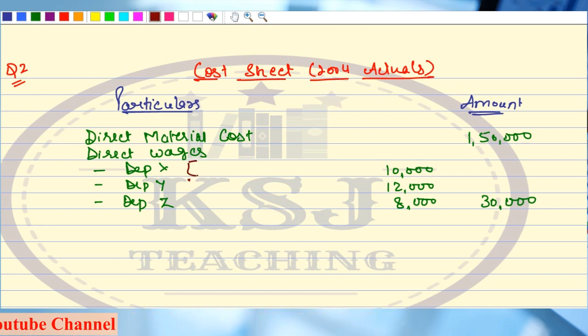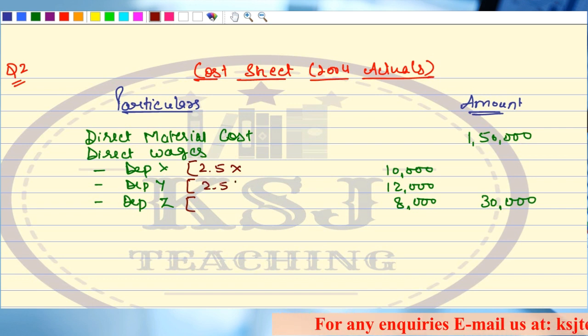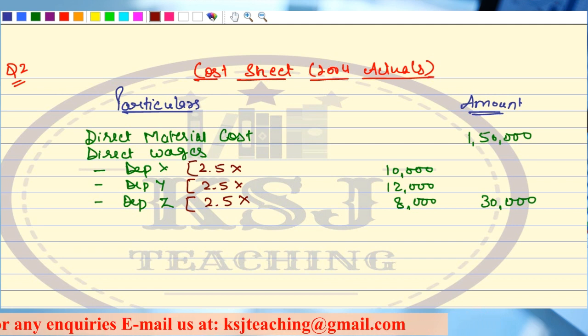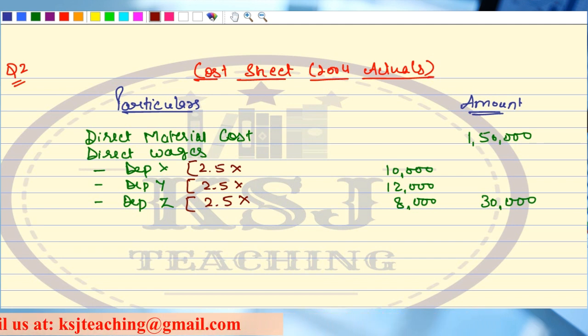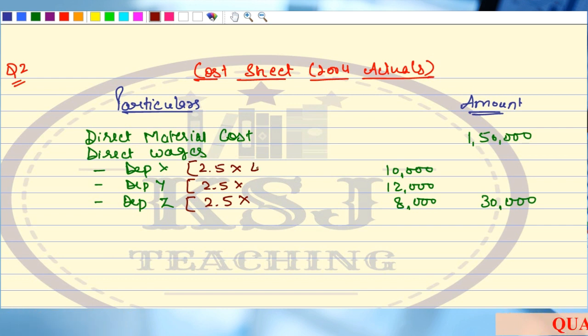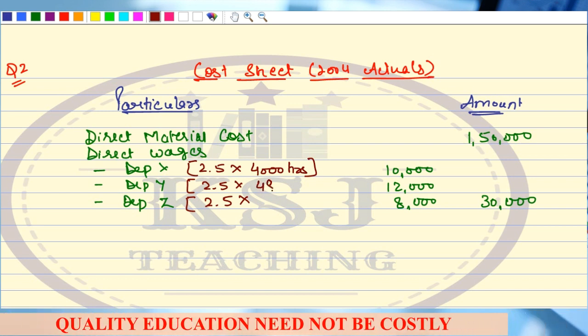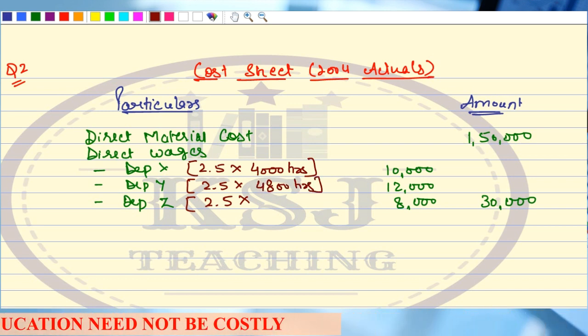So if we want to find out the number of hours, how are you going to calculate that? 10,000 divided by 2.5 will give you the number of hours, that is 4,000 hours. Then 4,800 hours, and 3,200 hours.